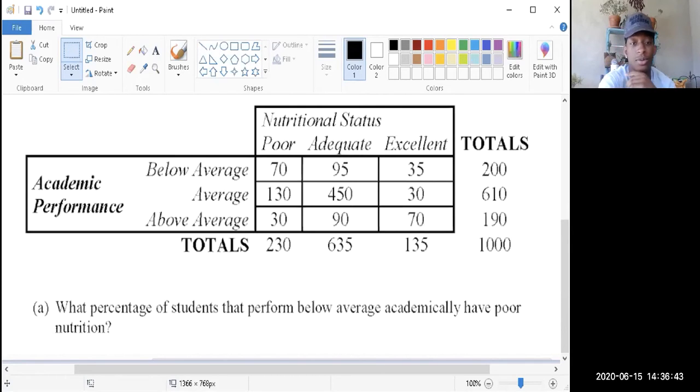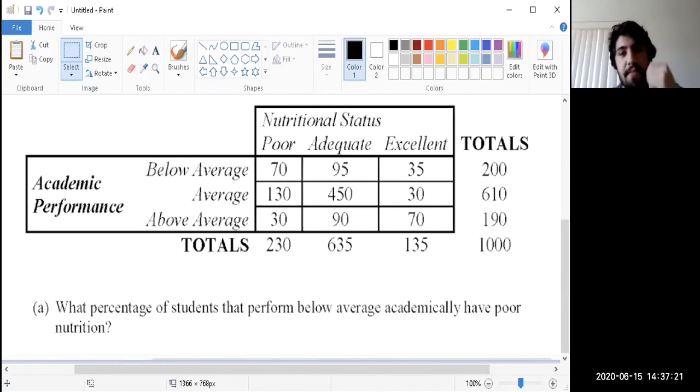Oh, I took the total of all the kids that did the 35%.